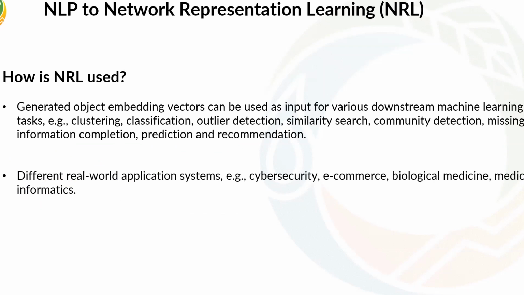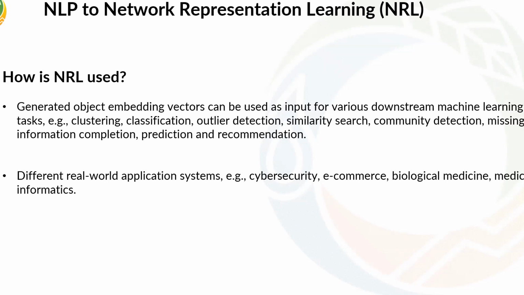So how is network embedding used? Basically, the generated object embedding vectors can be direct input for various downstream machine learning tasks, for example, clustering, classification, similarity search, prediction, or recommendation.